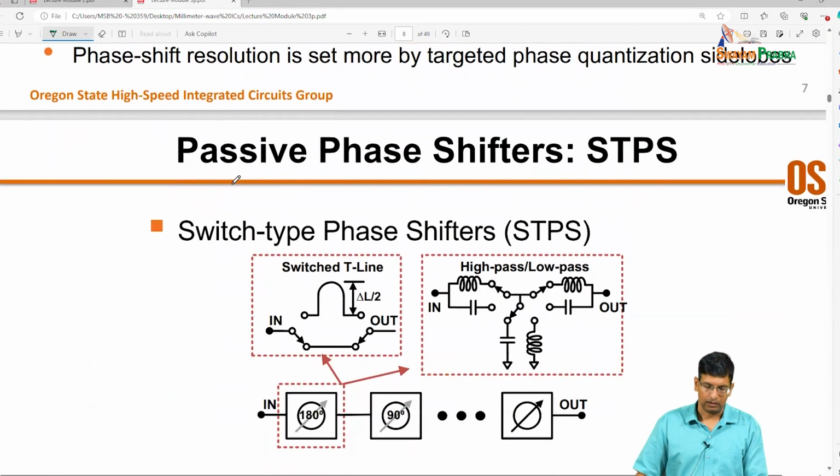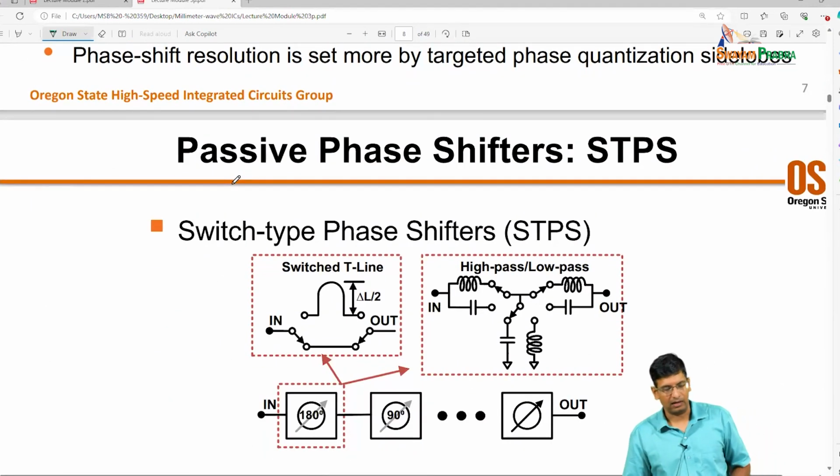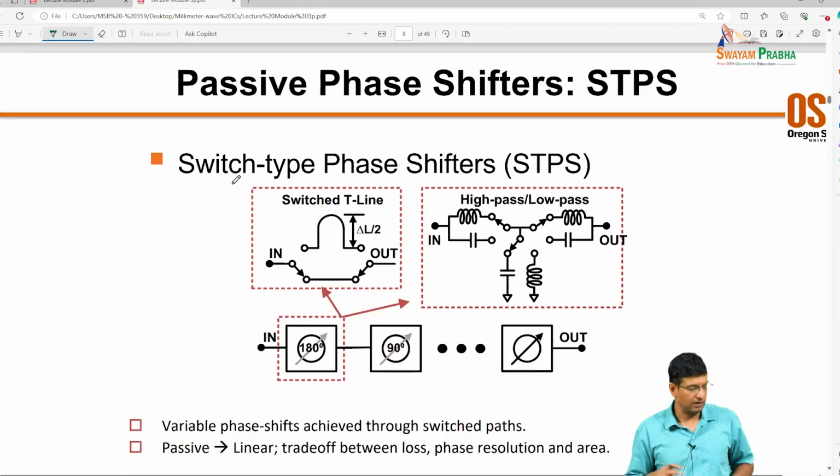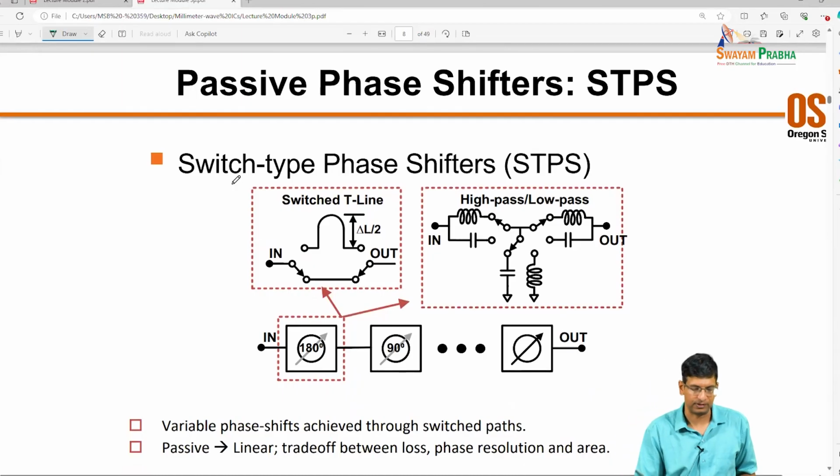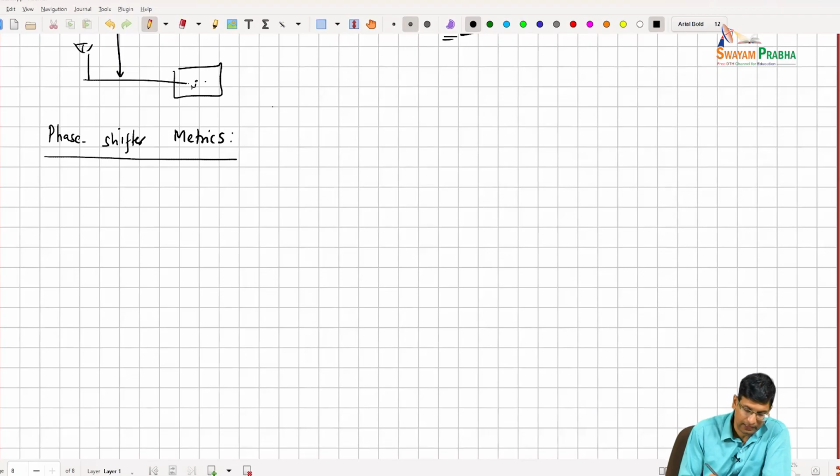So now that we are trying to target, let's say, a few bits of resolution on phase shifters, right? What all do we need from it? So the first thing we need from it is range, right? We need it to go 0 to 360 degrees.